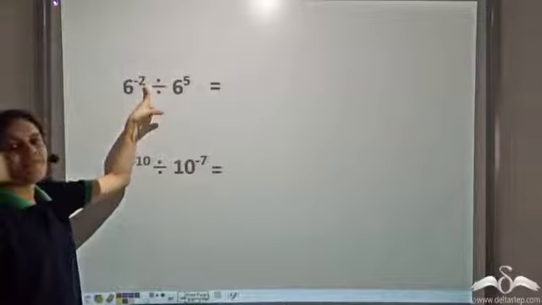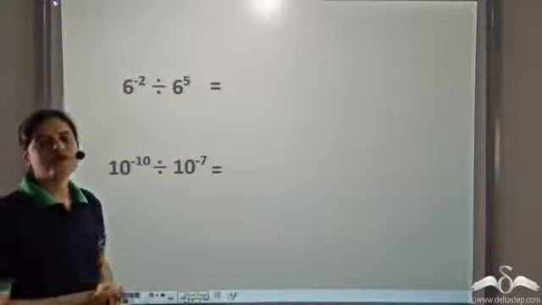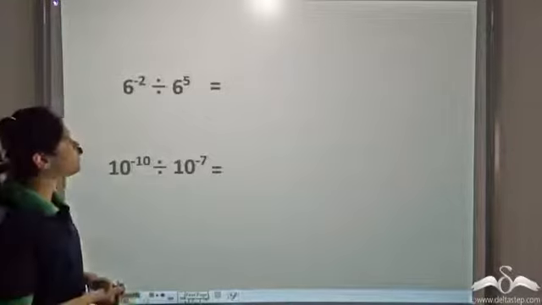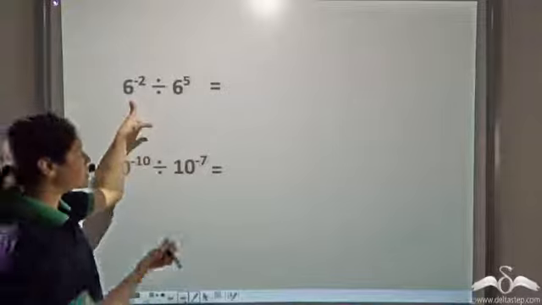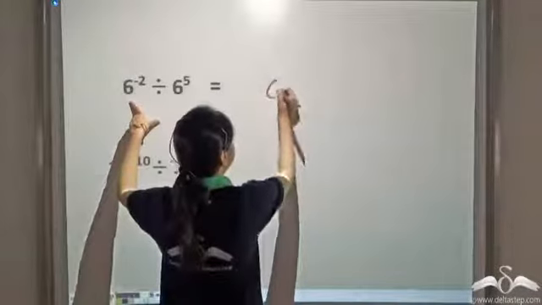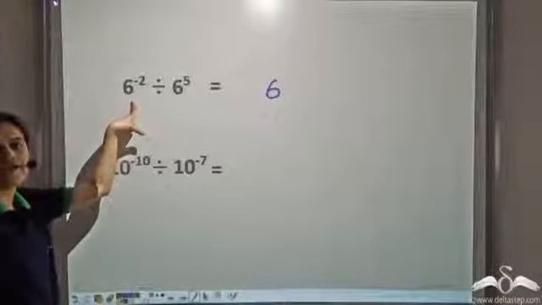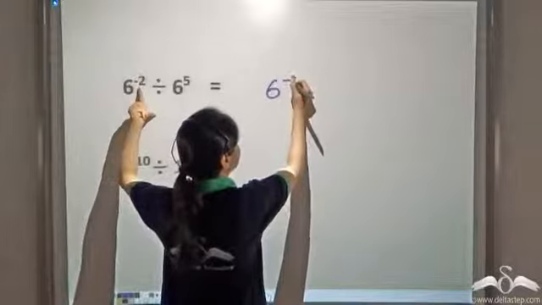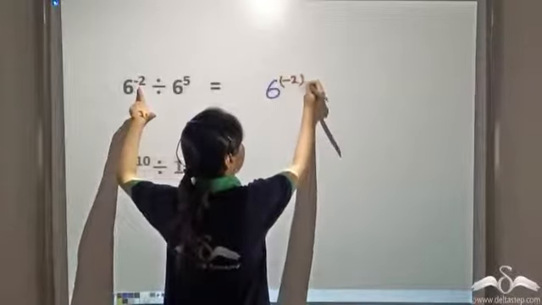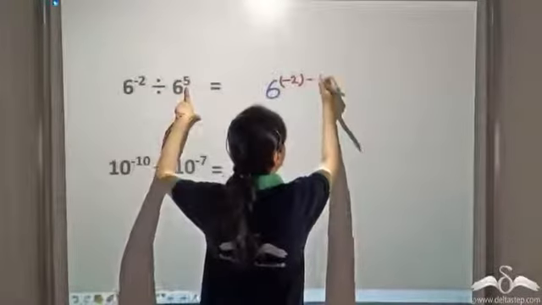Now 6 to the power negative 2 divided by 6 to the power 5. So let us apply the law of exponents for division. We see that base is the same, which is 6. So we write the base, which is 6. The next step is to subtract the powers. So we have negative 2 minus this power, which is 5.